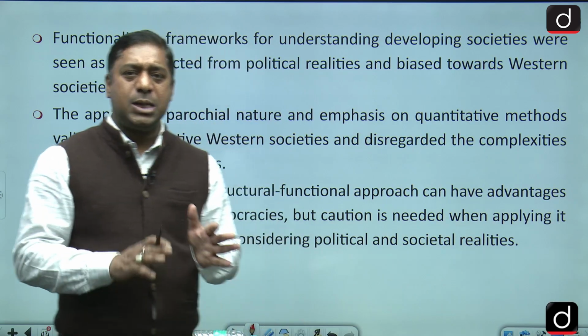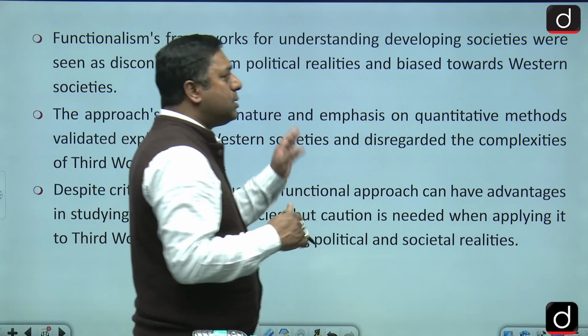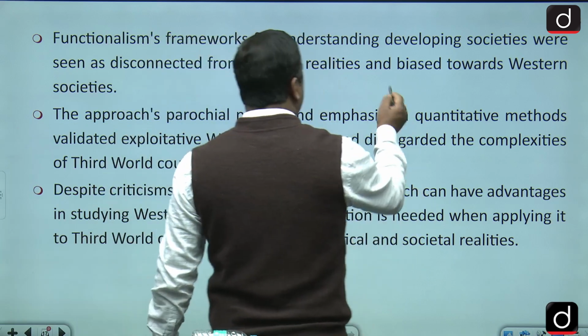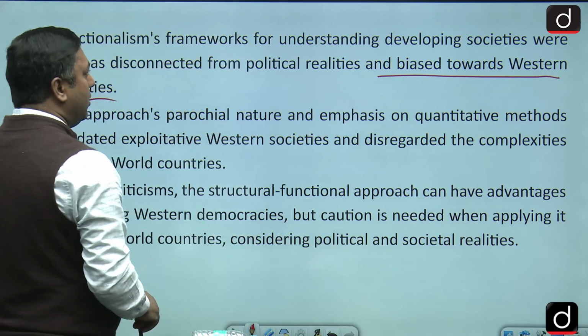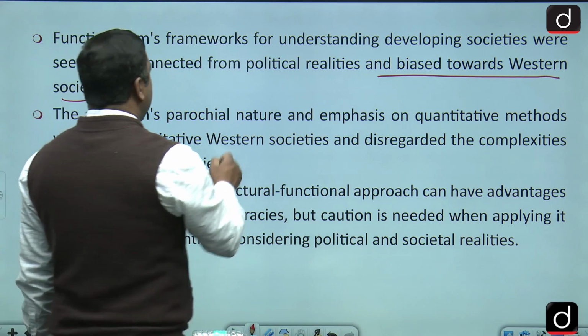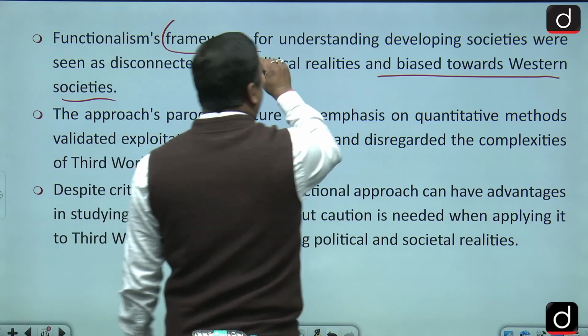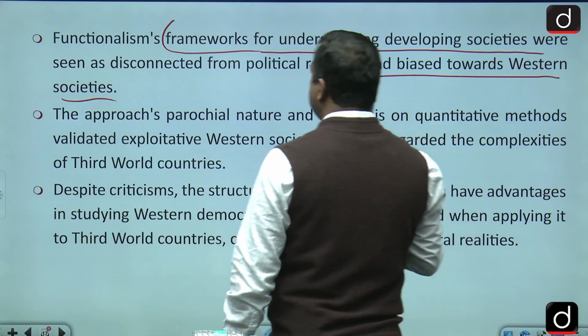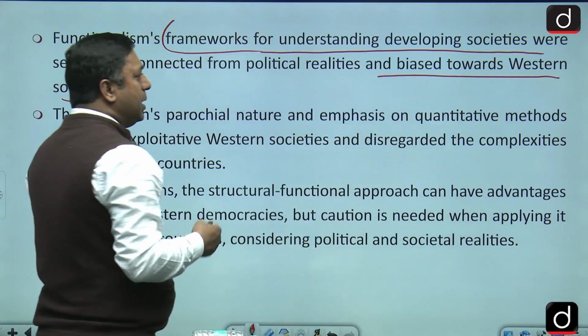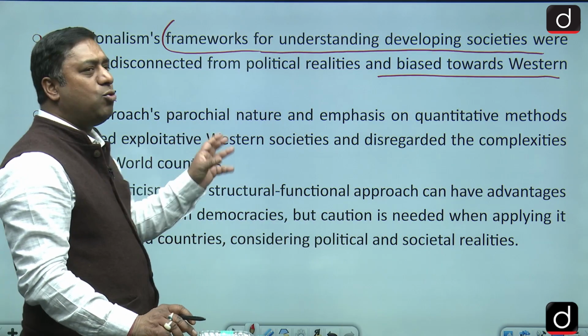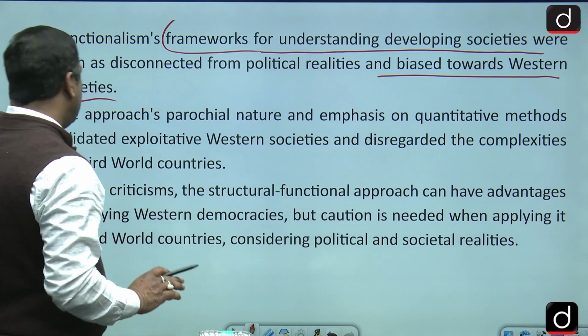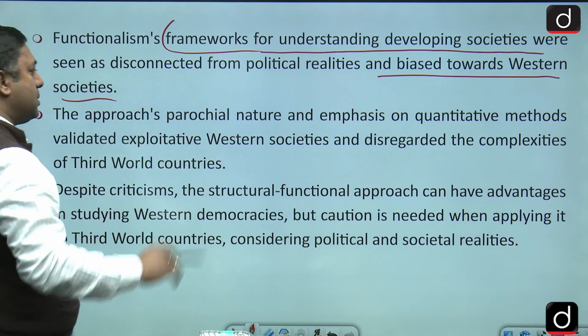So this was a certain bias towards the Western political system. They are trying to develop a framework for understanding developing societies, and instead of going with political realities, they are going with Western societies. That means there is a bias.